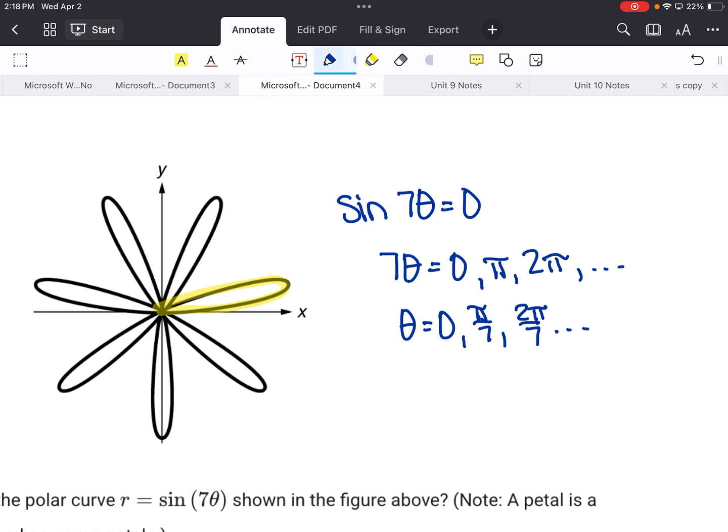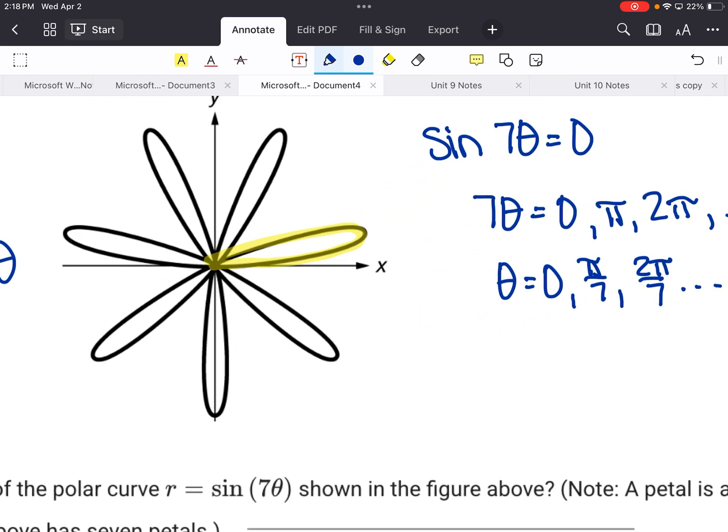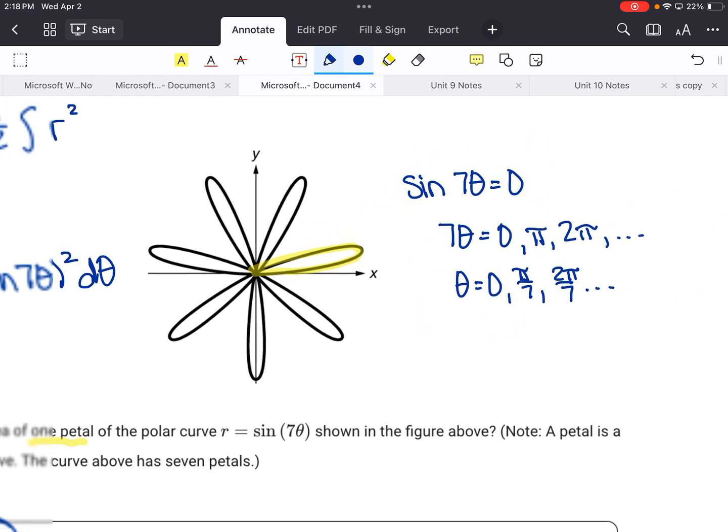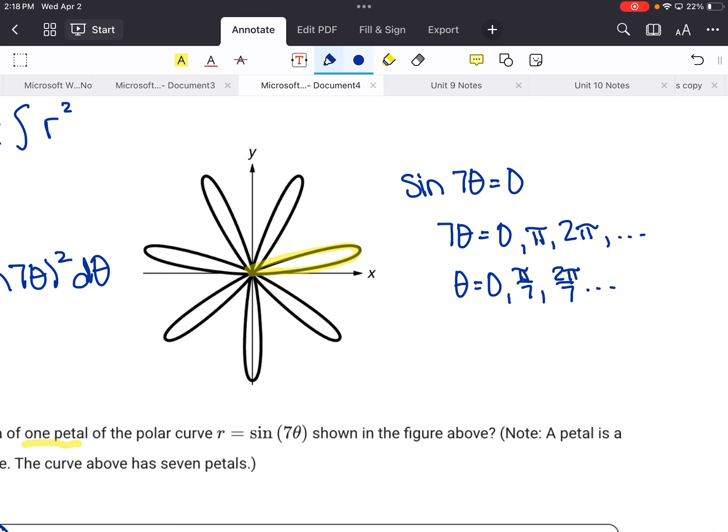And then you divide by 7, so you get 0, pi over 7, 2 pi over 7, 3 pi over 7, and so on. So if I were to just double check, when theta equals 0, then r is going to be sine of 7 times 0, which is sine of 0, which is 0.